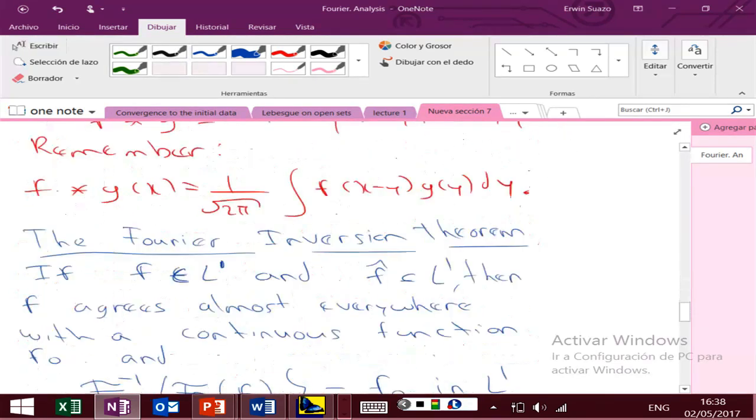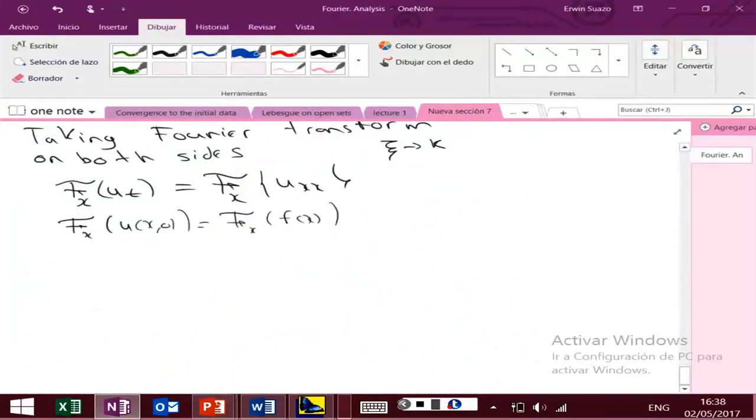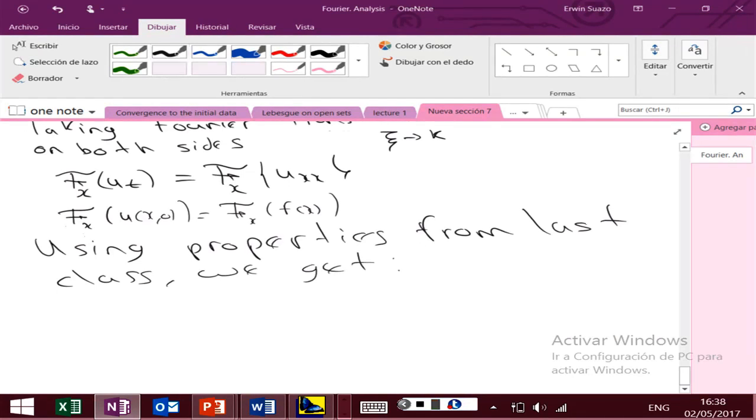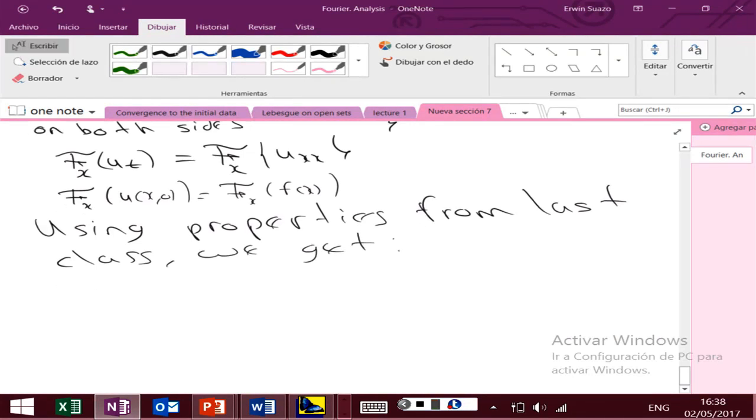So using all those properties from last class, the left side becomes capital U, derivative with respect to time, U_t(k,t).